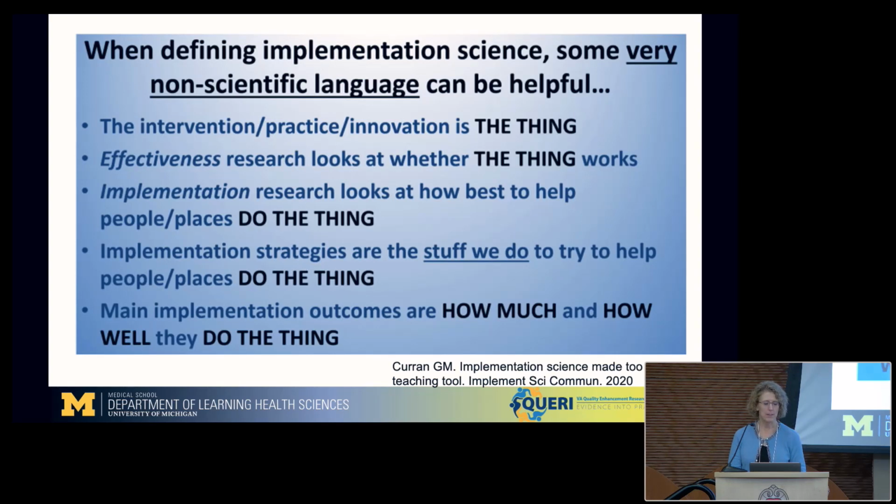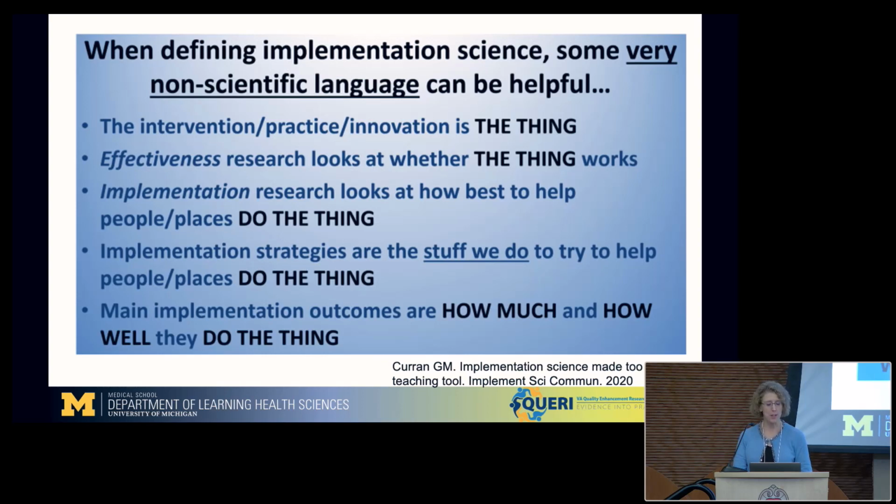I'll go through this quickly because in many respects you may have internalized a lot of these things. The practice or innovation treatment is the thing. In effectiveness research, we ask the question, does this thing work? Implementation research looks at how best to help people and places do the thing.